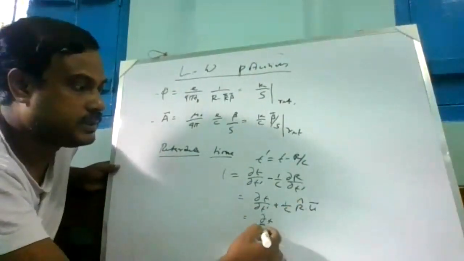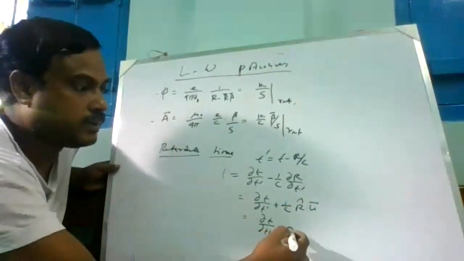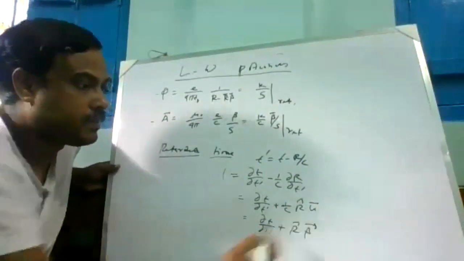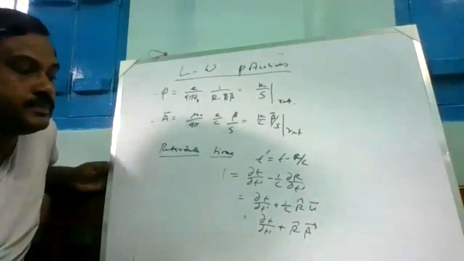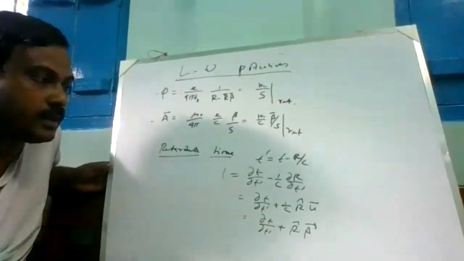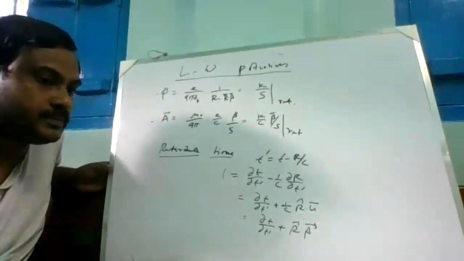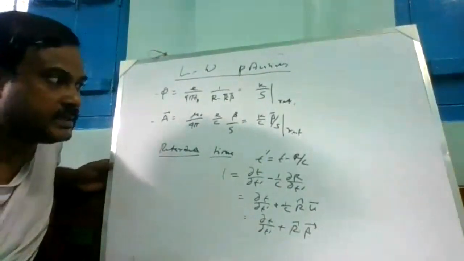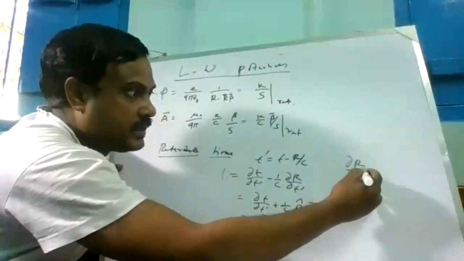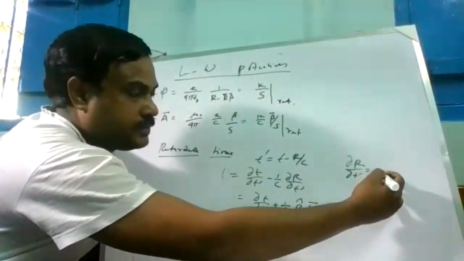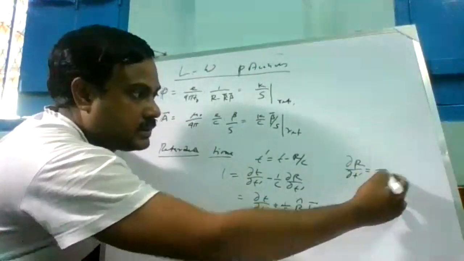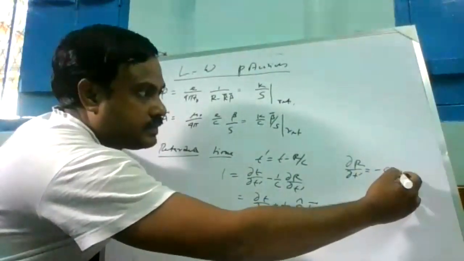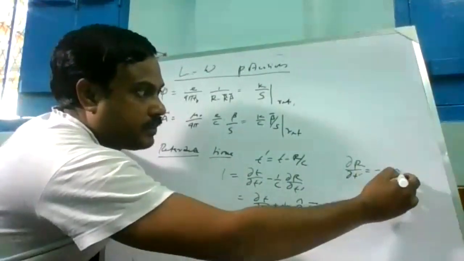So this gives you del t by del t dash, where u by c is beta. So R cap dot of beta, because del R by del t dash you can evaluate, will be equal to minus c beta dot R cap.